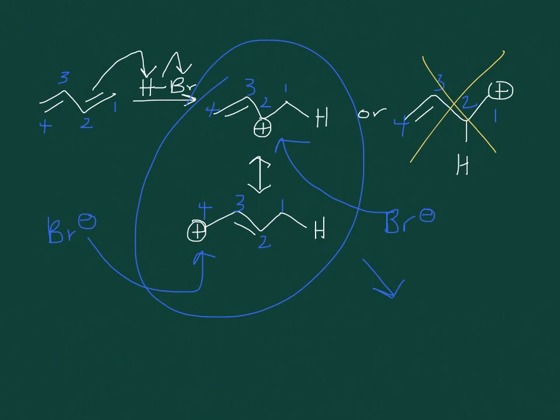Now, if the Br minus adds to carbon 2, we get the 1,2 product. If the Br minus adds to carbon 4, we get the 1,4 product.